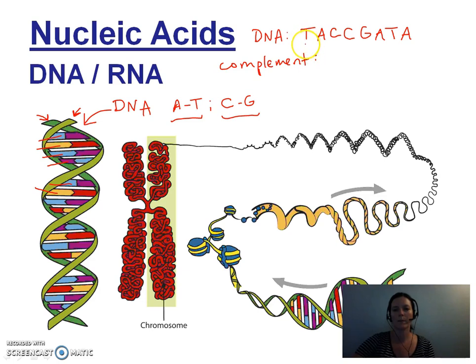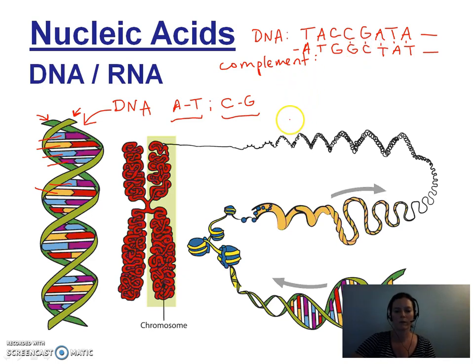If T always pairs with A, then we know that the next strand would be A, T, G, G, C, T, A, T. Do you see that? So each molecule of DNA has two strands, and those complementary strands are based on the pairing between these nucleotides.